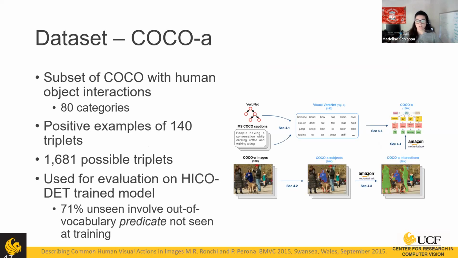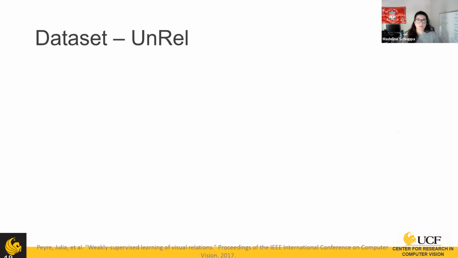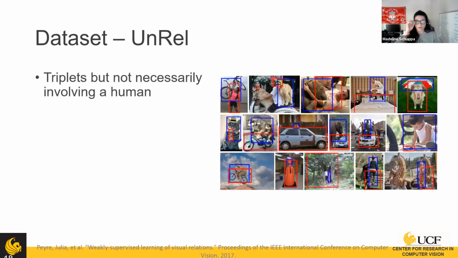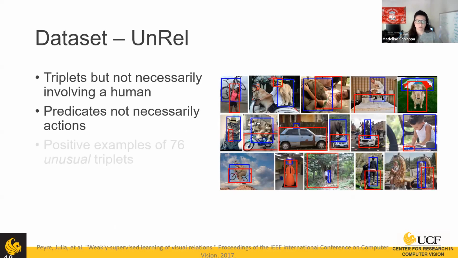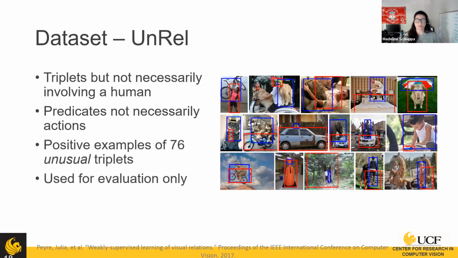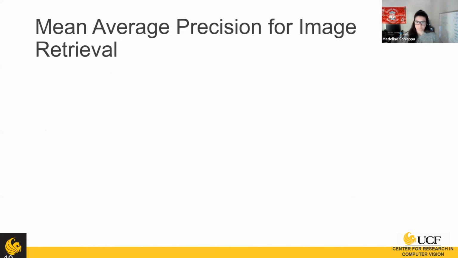So these are those out of vocabulary unigrams that we were talking about before. So we also have an unrel data set, and this is triplets, but they're not necessarily involving human, and they're not necessarily action. So these are just very rare, unusual triplets. So they have a positive example of 76 unusual triplets, and they're used for evaluation only.